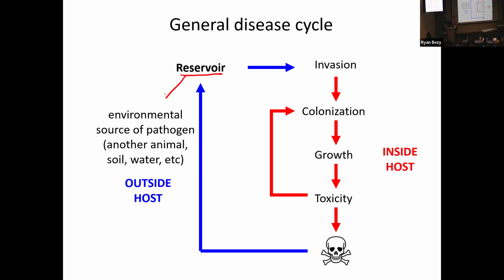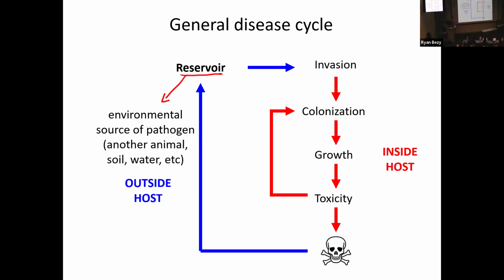A reservoir is some type of environmental source of a pathogen, where it's at out in the environment before it infects a host. The reservoir could be some type of animals, contaminated soil, or contaminated water, but the reservoir is where the pathogen, the disease agent, is going to be before it infects a particular host.